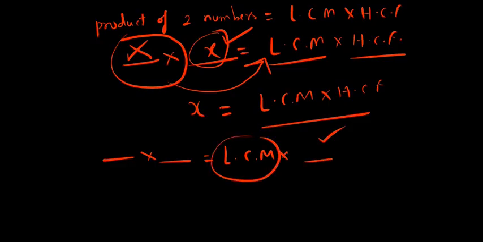That's it. Okay. If they give two numbers as 5 and 25, and if they give HCF as 5, we have to find LCM. That is, product of two numbers equal to HCF into LCM.